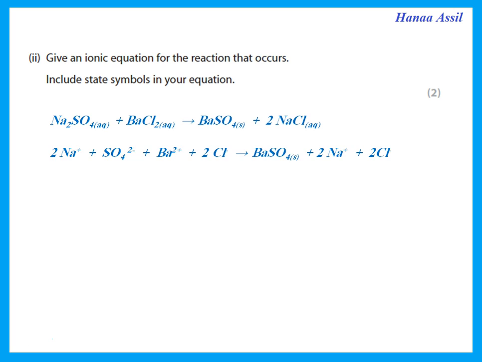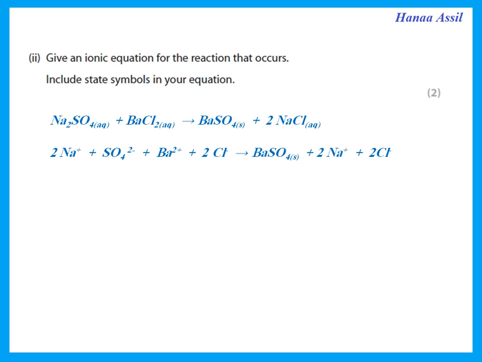How do we get the ionic equation? He said we ionize anything that is aqueous. So the barium sulfate remains the same. Everything else is ionized. Please notice the number of charges on each one is the valency. And if we have Na2SO4, that means I have two sodium ions, not Na2 plus.